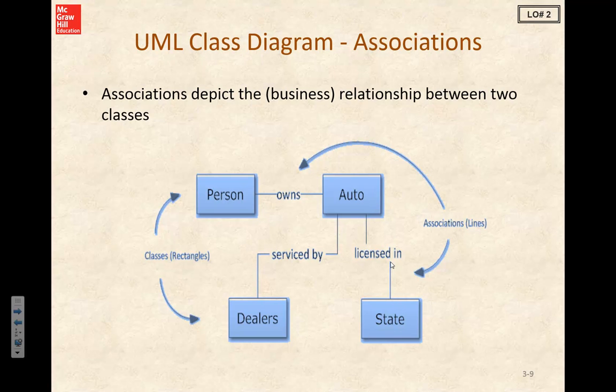The association would be licensing. Or the association here would be which dealers are servicing the autos, or which person owns the auto. So when we see associations, we're looking for a line, and also some verbiage that describes the relationship.